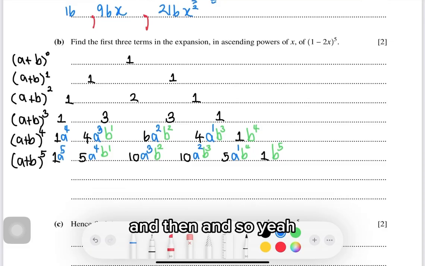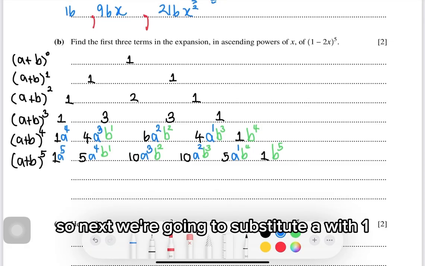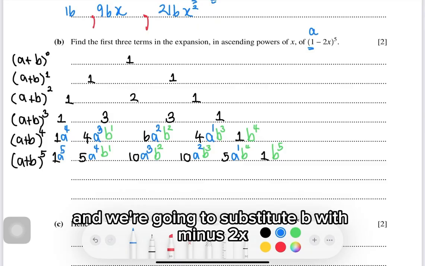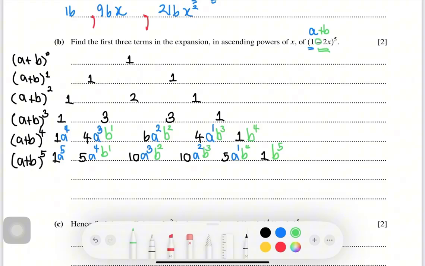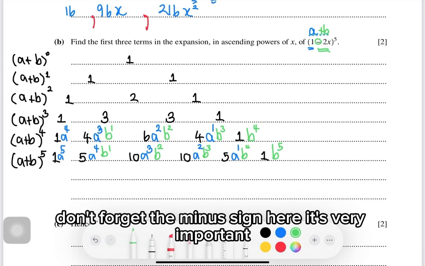So next, we're going to substitute a with 1, and we're going to substitute b with minus 2x. Don't forget the minus sign here. It's very important.